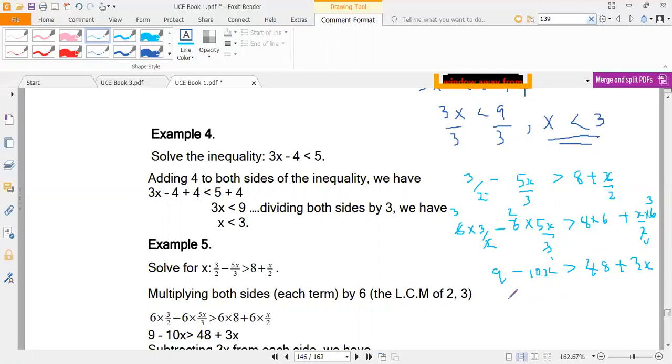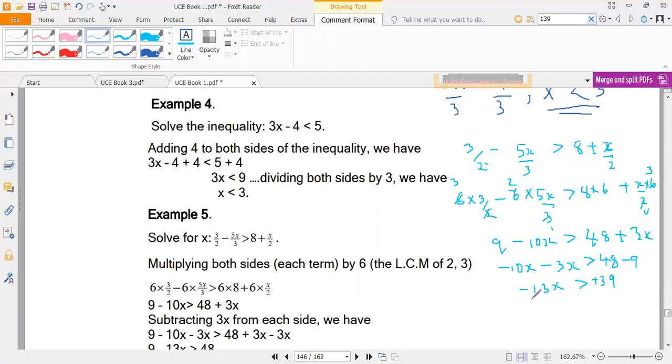If I bring the 3x to this side, since it was positive on the other side, when it crosses it becomes negative, so I have negative 10x minus 3x, which is greater than 48. The 9 was positive, and when it crosses the equal sign, it becomes negative. So finally, I have negative 13x is greater than 48 minus 9, which is positive 39.